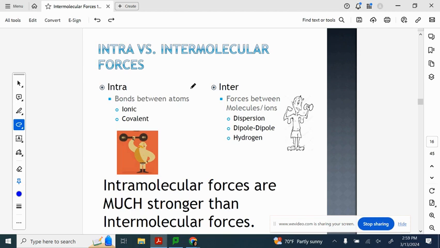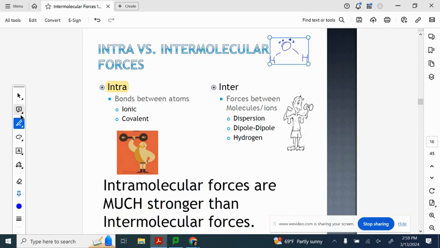These are within molecules. So if I were to draw a water molecule, my water molecule would look something like this. These here, my intramolecular forces, these would be, oh, it won't work there, will it? Okay, maybe not. All good plans of mice and men.